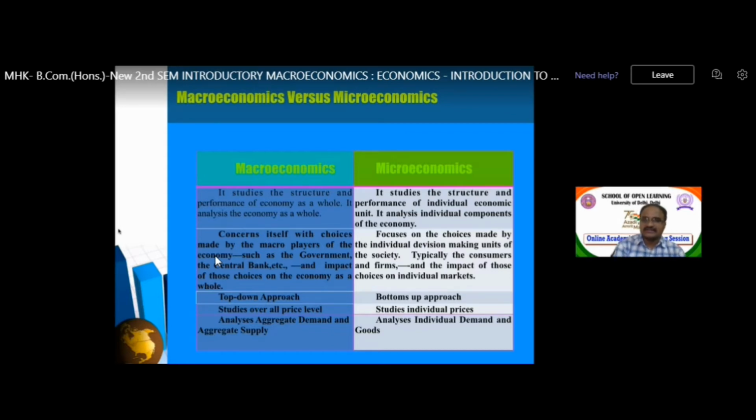Another difference is that macroeconomics is the top-down approach and microeconomics is the bottom-up approach. The top-down approach means that whatever decision we are taking, first we need to write the concepts or theories that will be reflected in the society.